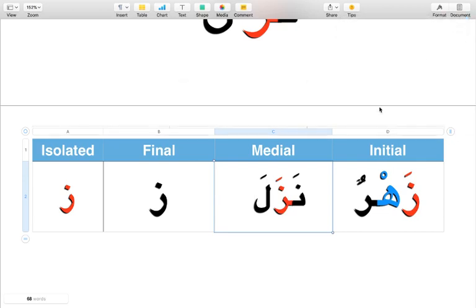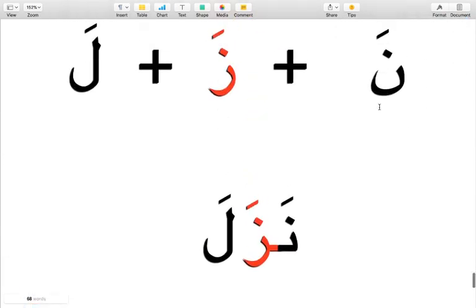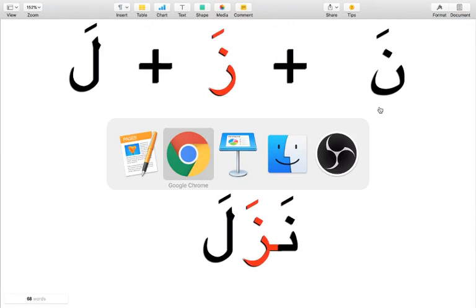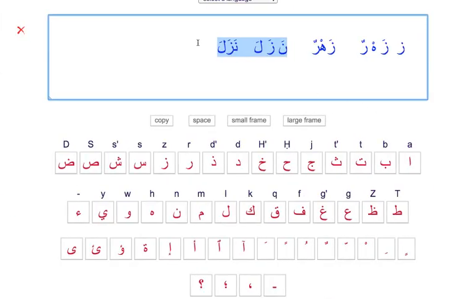Finally, let's look at a word where zal is written as the last letter of a word, and the word I'll be using is azizun.